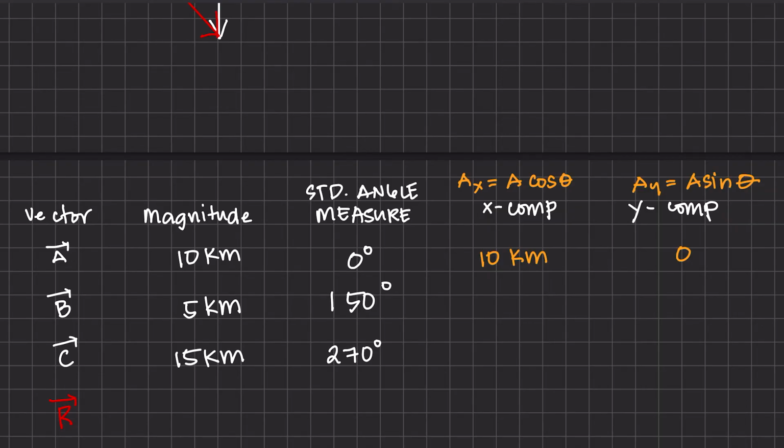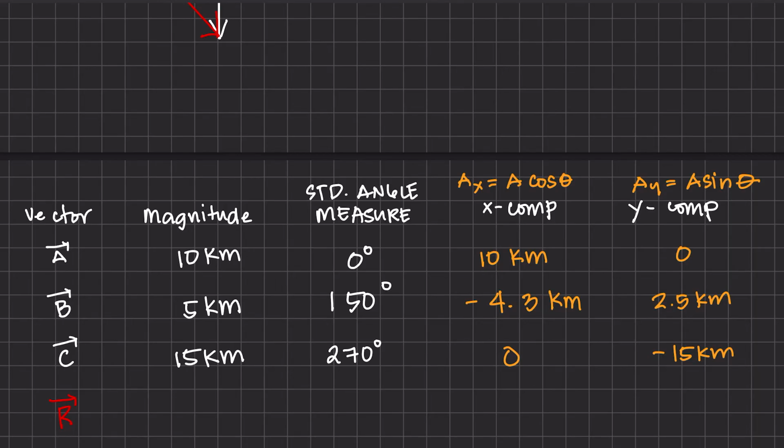We have negative 4.3 kilometers. And then we have the y component. We have 2.5 kilometers. And then for vector C, obviously, x component is 0. And then y component is negative 15 kilometers.